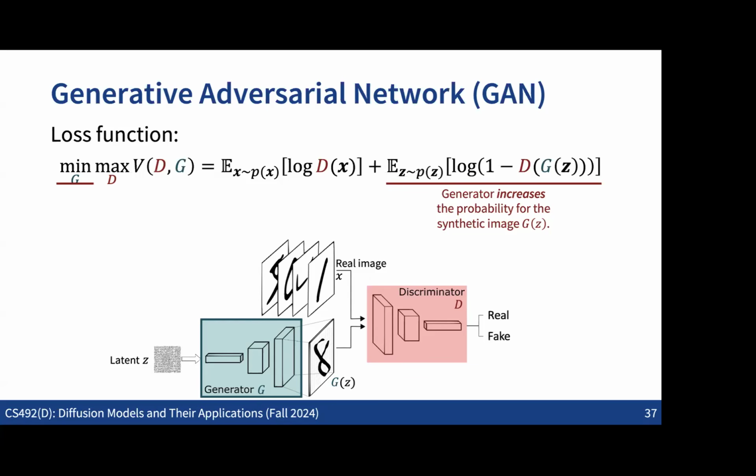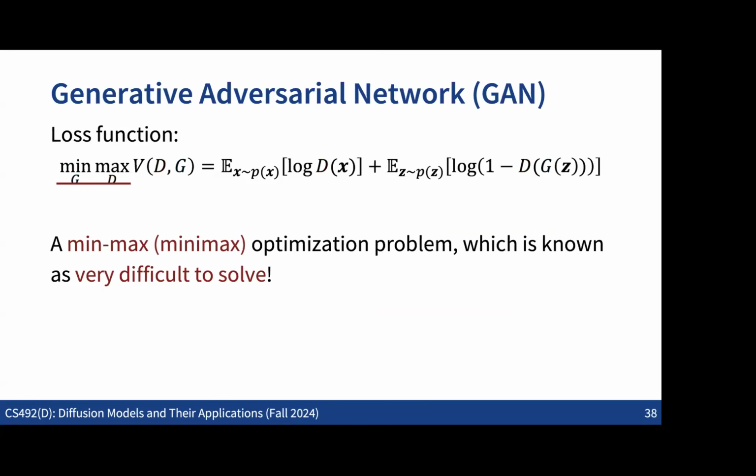But as you can see, solving this optimization problem is really difficult. When you train the network with gradient descent and backpropagation, there will be quite many failure cases. If you have any experience training GANs, you would know that training a GAN is really challenging.